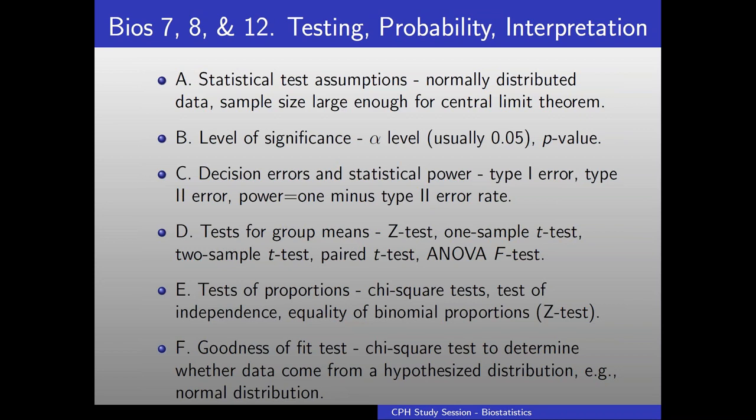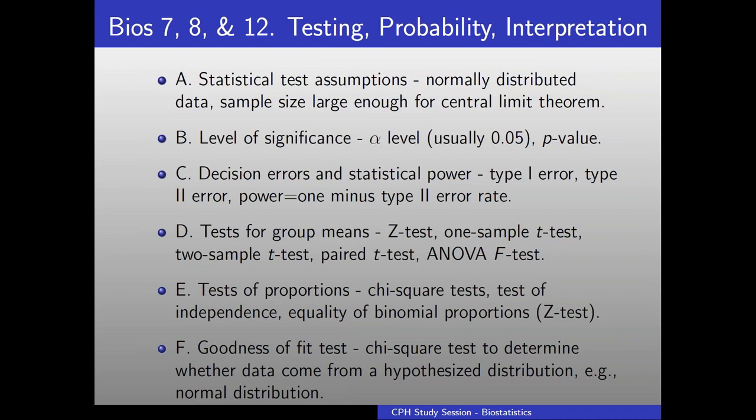Test of proportions. This is usually used for categorical data, but what you're likely to see is chi-square tests for contingency tables or tests for independence. You might also come across an equality of binomial proportions test, which will be based on a z-statistic.